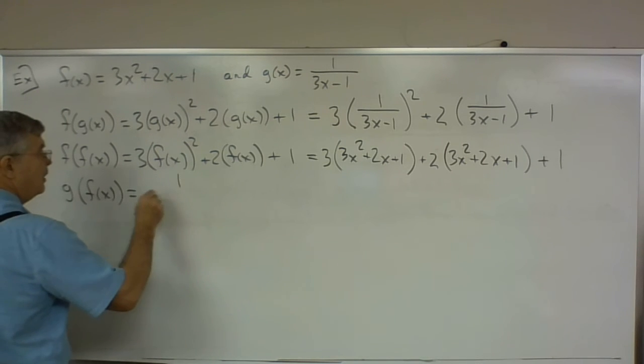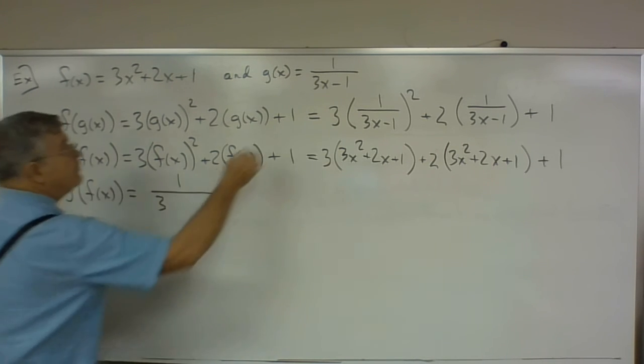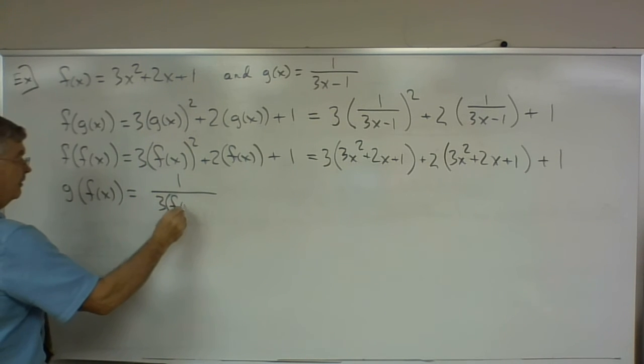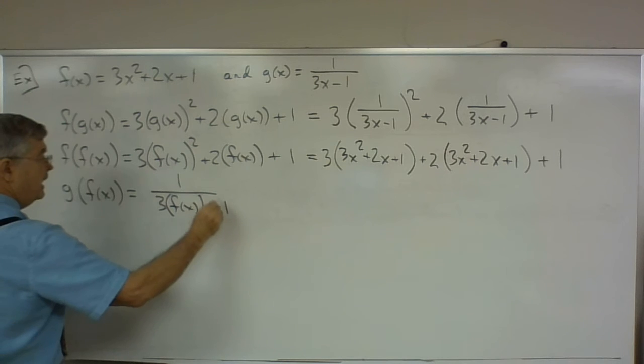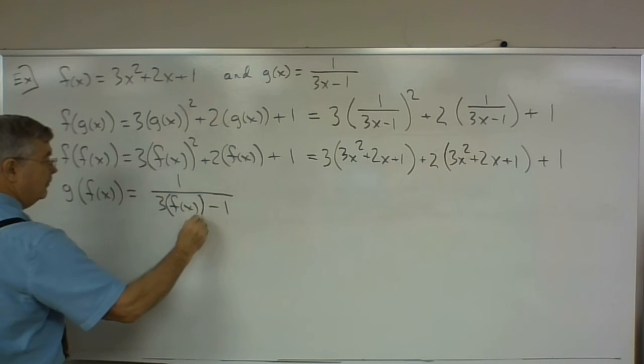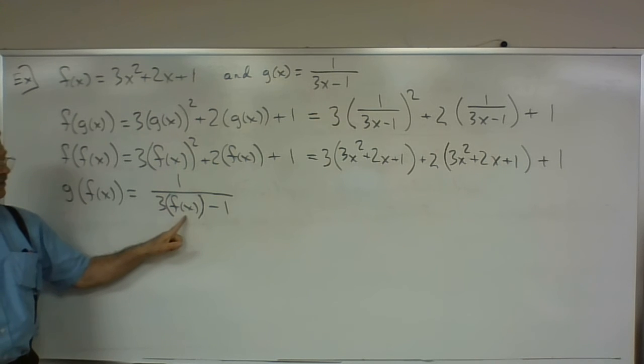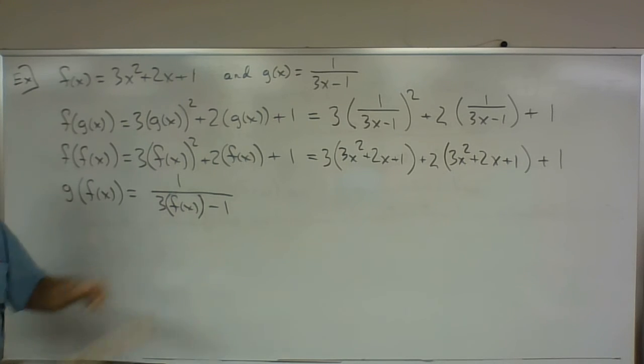So we're going to have 1 over 3 f of x minus 1. And now that we've gone this far, we can just insert the definition of f of x.